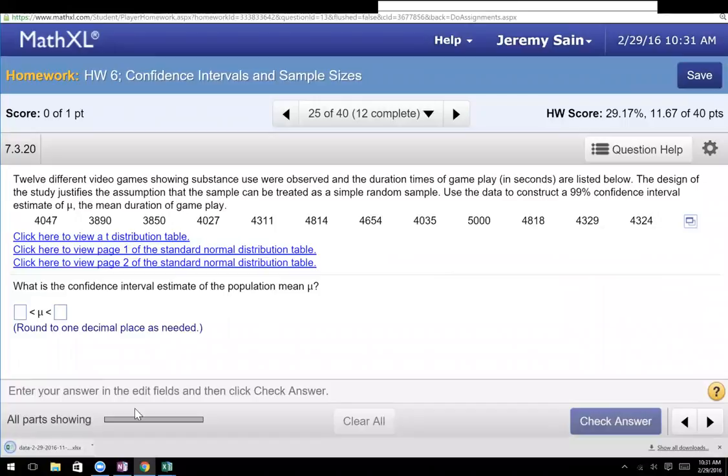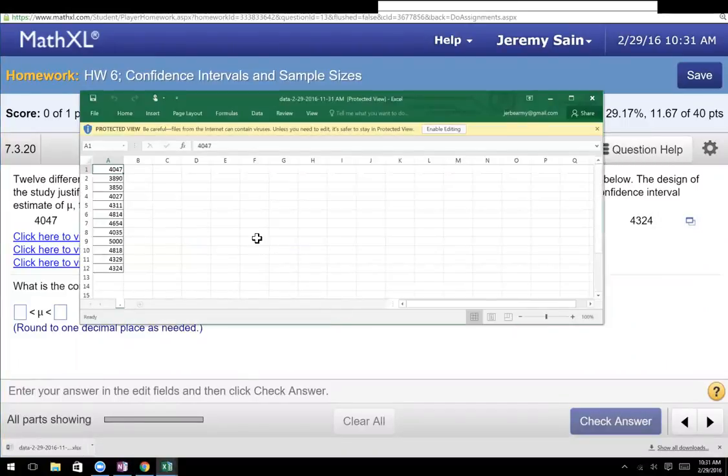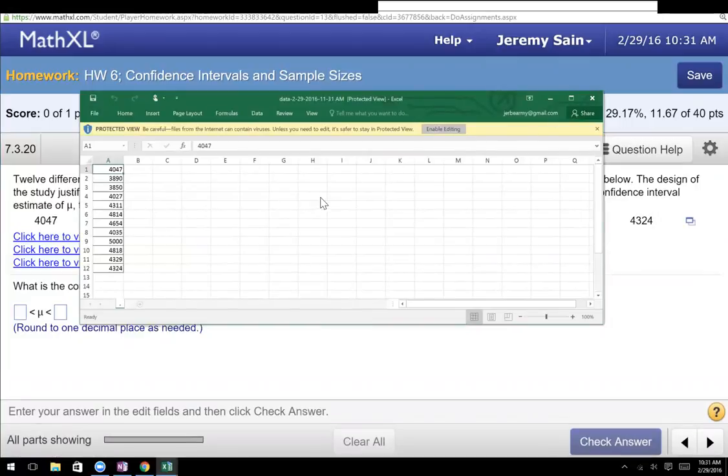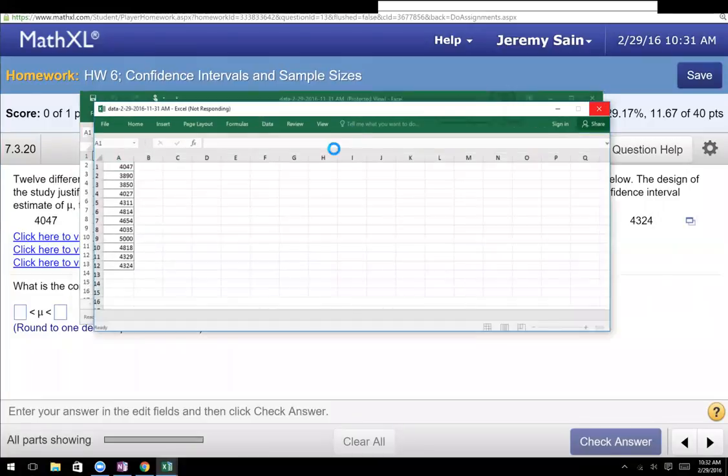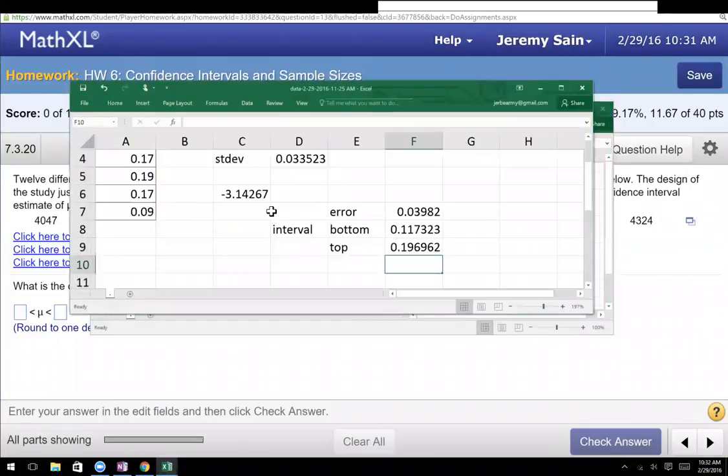Again, we're going to open an Excel. Little editing. Oops.